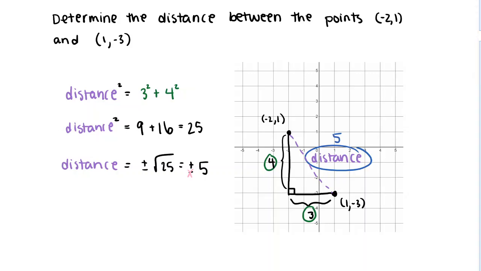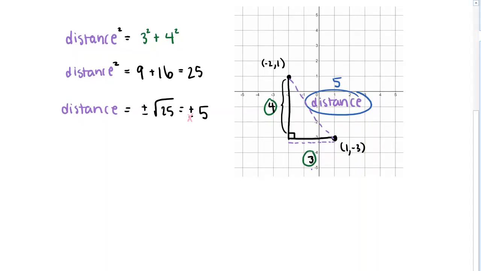And one thing I want you to notice is that this side length of 3 on the bottom can be interpreted as the difference between these two x values, right? The x values on our coordinate plane tell us the position of points left and right, and really we're looking at how far left and right we have to go to get from one point to the other. Right? So the difference between 1 and -2 gives me 3, right?